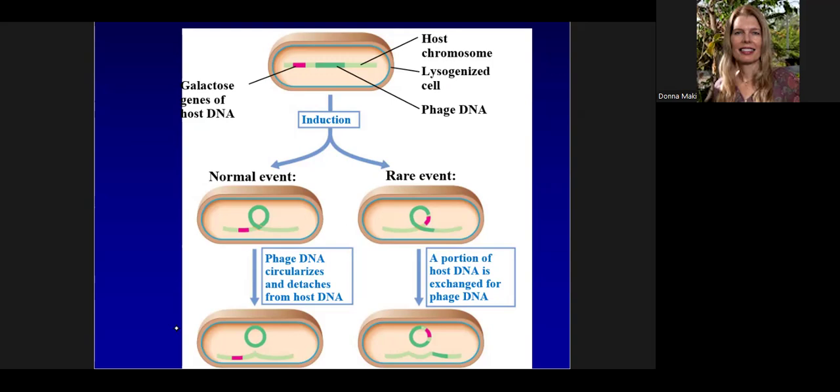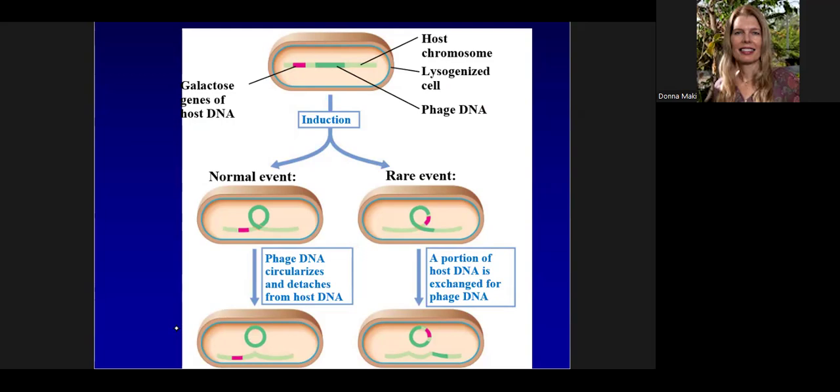Some people say bacteriophages, but I say phage. To each their own. Bacteriophage, and then we just shorten it to phage. So if someone says it's a phage, it's a virus that only infects bacteria. It won't infect animal cells.